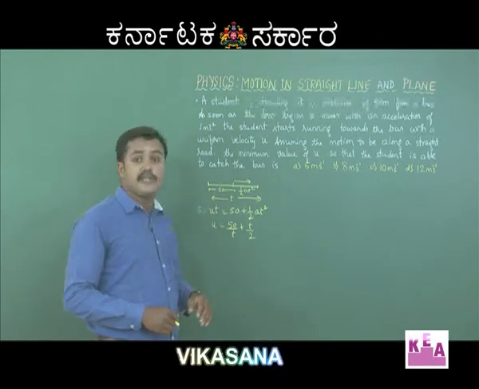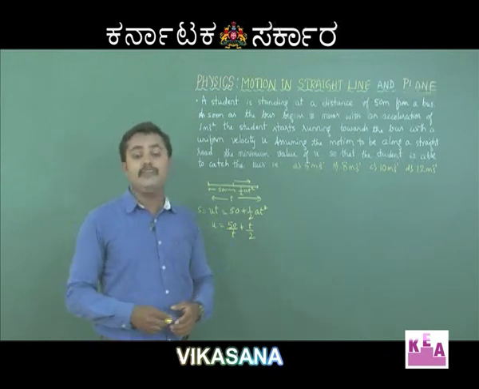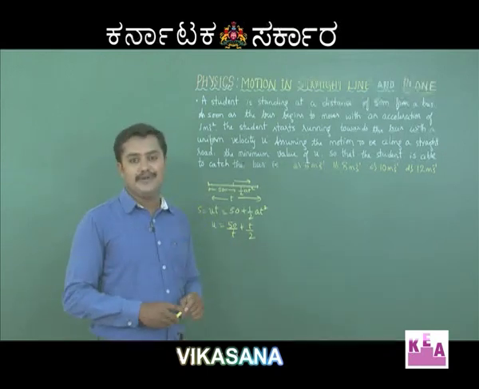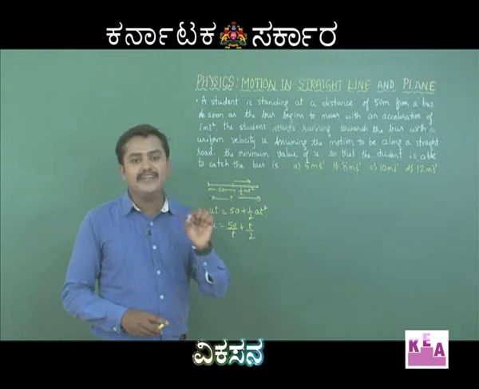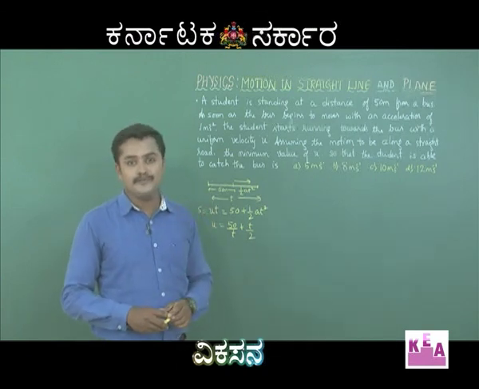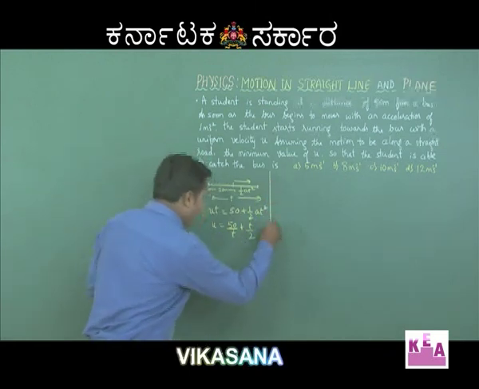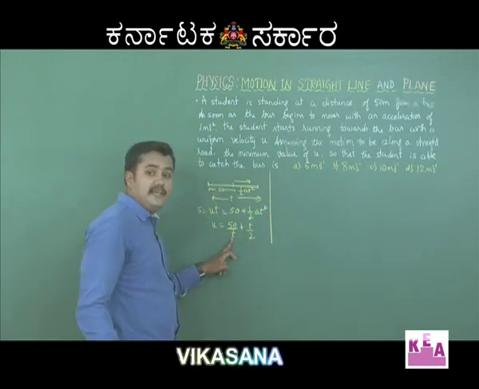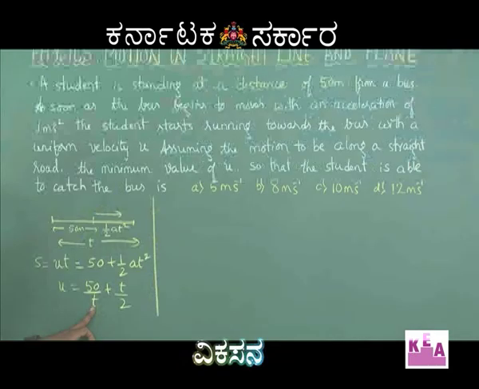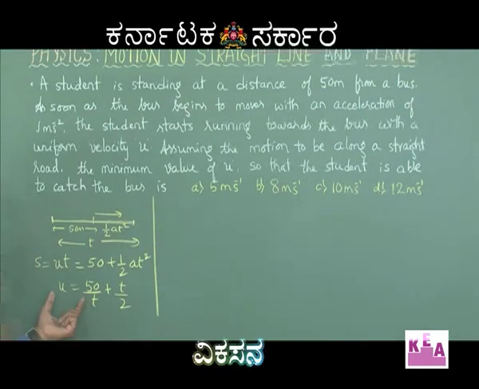u is a function of time, u should be minimum, and we know the condition for minimum: du by dt should be equal to 0. I repeat, for minimum, du by dt is 0. Here I have u in terms of t, so differentiate this with respect to time t and equate that to 0.